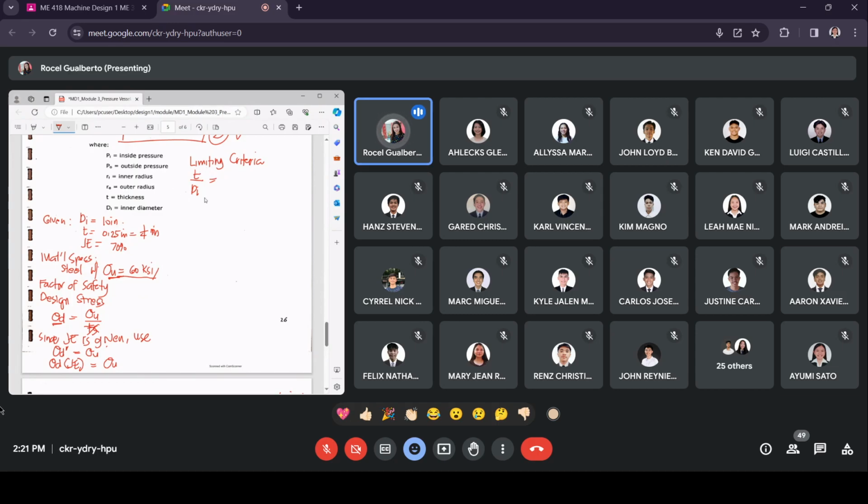If this is less than or equal to 0.1, proceed to the procedure of a thin wall. If this is higher than 0.1, then you use the Lame's equation. Kindly continue to determine the bursting steam pressure.